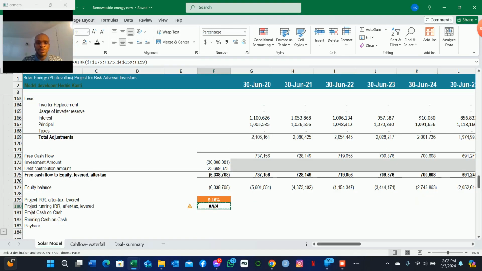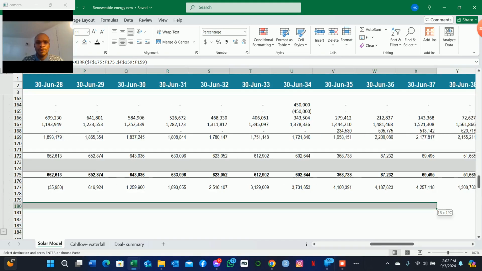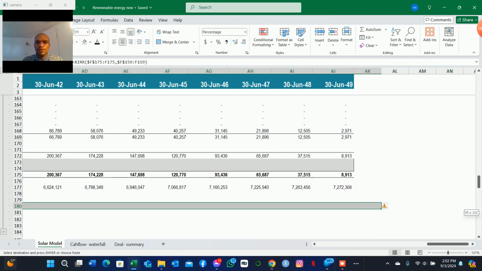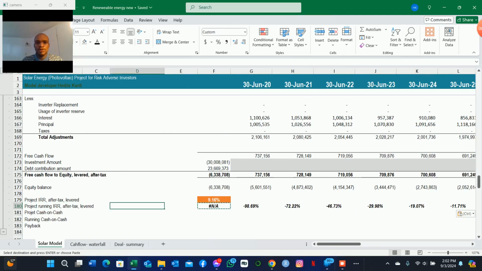We can see that it is NA, but if we go all the way to the end of the project, we can see what the running internal rate of returns could be.